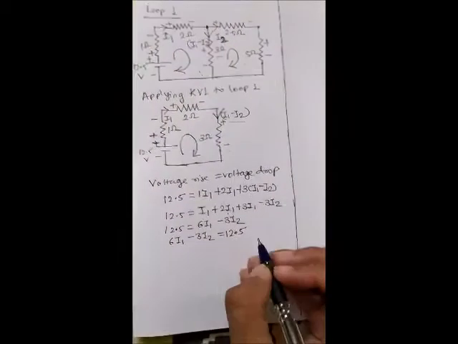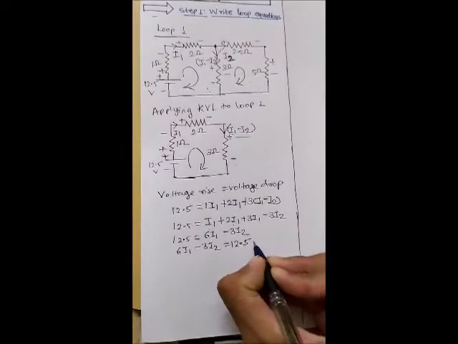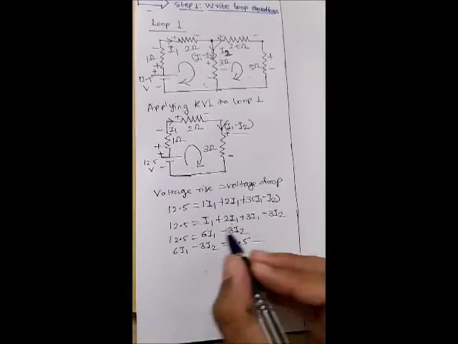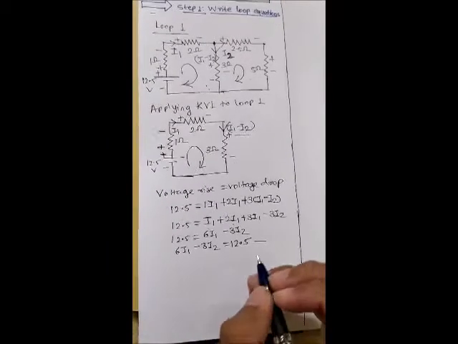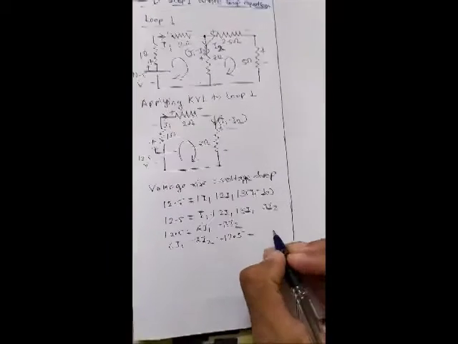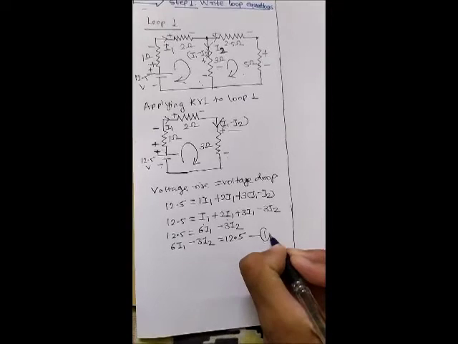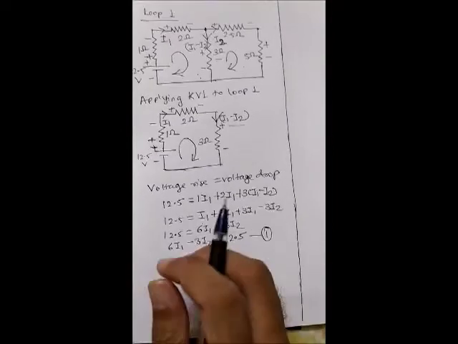Okay, so this is equation number 1. We cannot reduce this equation, or we can also reduce the equation if we divide it by 3, but 12.5 cannot be reduced. So keep this equation as it is, equation number 1.